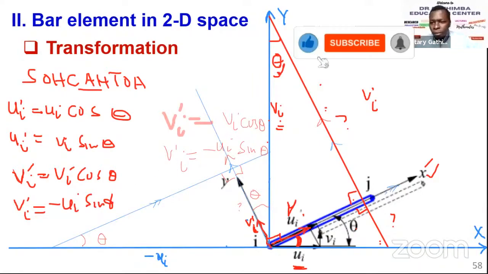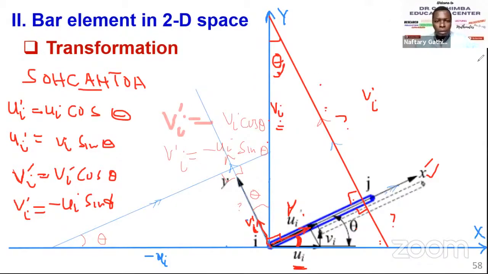So in overall, we can use this space. The resolution or resolving u prime i to the global coordinate system is a combination of these two: u i cos theta plus v i sine theta.